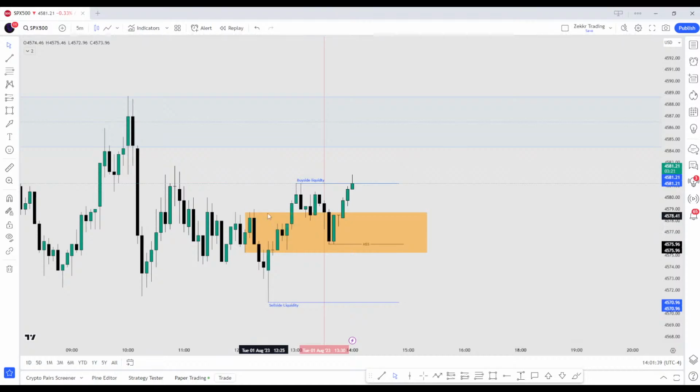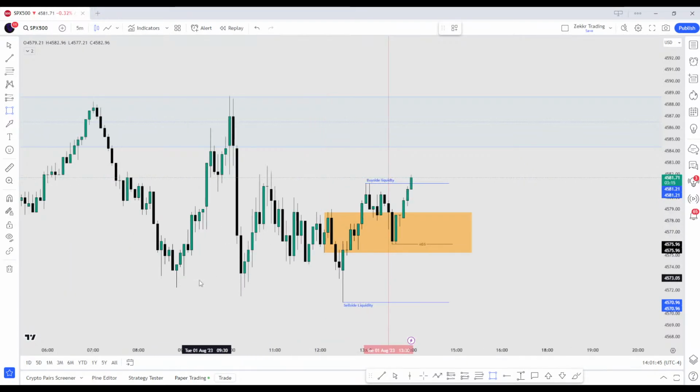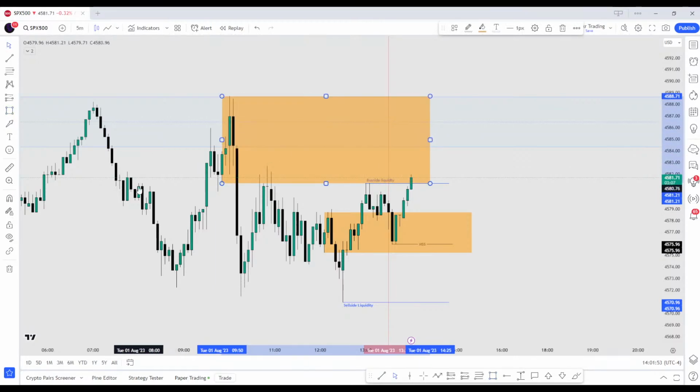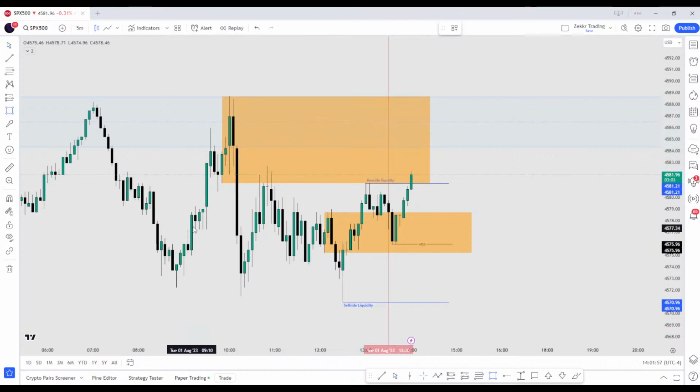And then you have a breaker block here, and right here. So you got high, low, higher low, and a bullish breaker right here, and then you have high, low, higher high, which gives you a breaker.